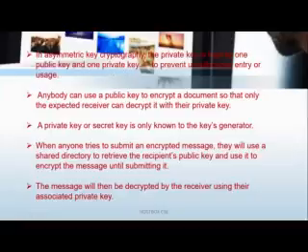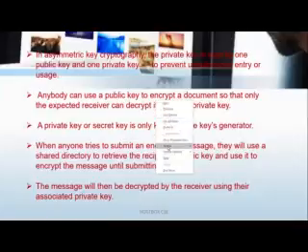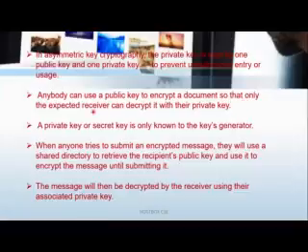In asymmetric cryptography, there is one public key and one private key, to prevent unauthorized entry or usage. Anybody can use a public key to encrypt a document so that only the expected receiver can decrypt it with their private key.